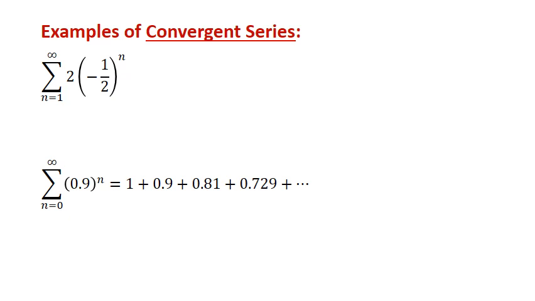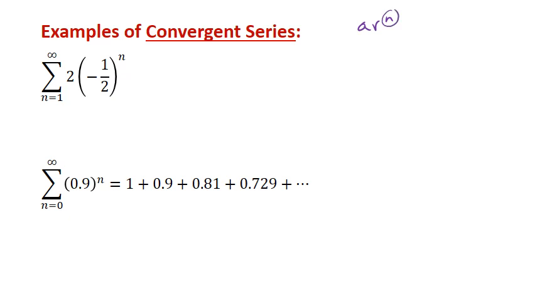In this first example, I have 2 times -1/2 to the n power. So this is a geometric series because it takes on that a times r to the power of n form. And so what I want to do is identify the base.